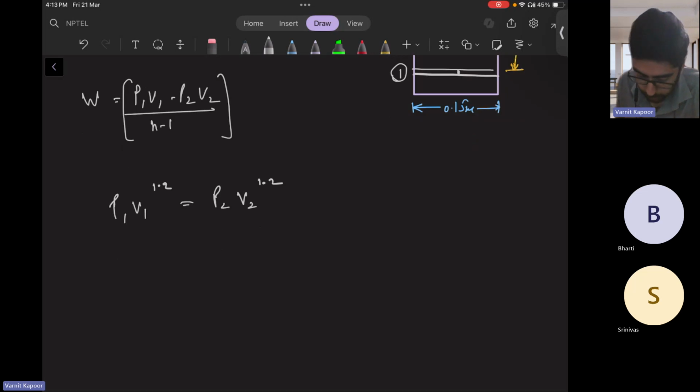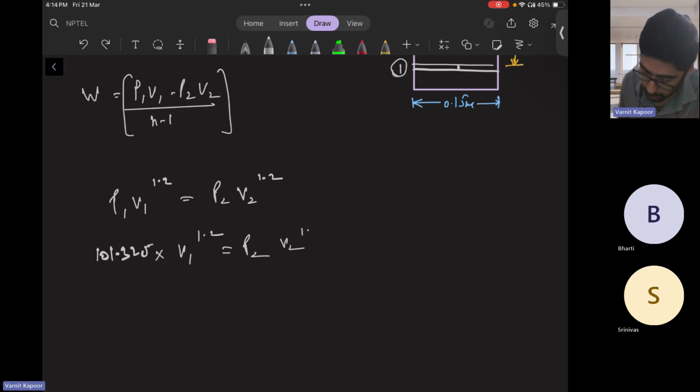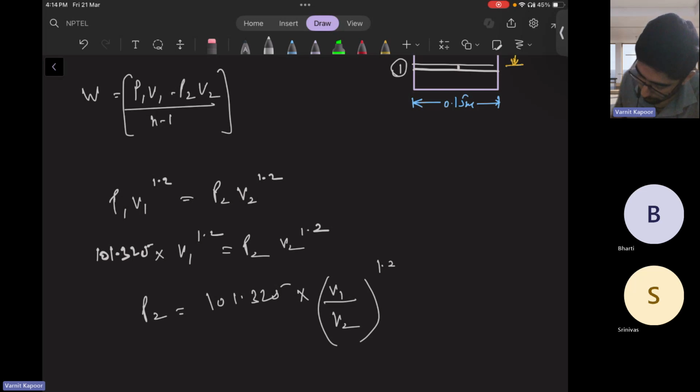So what is P1? 101.325 into what is V1, you don't know, to the power of 1.2. P2 you don't know, V2 you don't know, but you know the ratio of V1 by V2. So P2 comes out to be 101.325 into V1 by V2 to the power of 1.2.